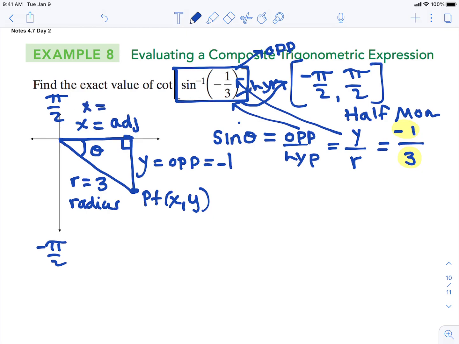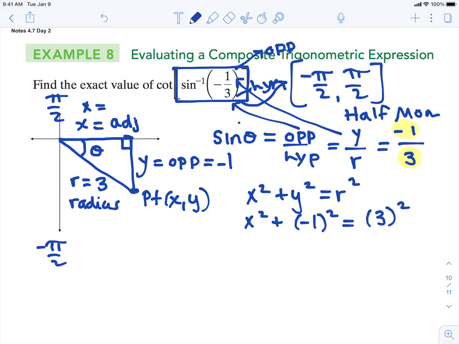So we're going to go ahead and use the Pythagorean theorem again. So we're going to do x squared plus y squared equals r squared. So x is unknown, y is negative 1, the radius is 3, and we're going to solve this for x. So we're going to square those numbers.